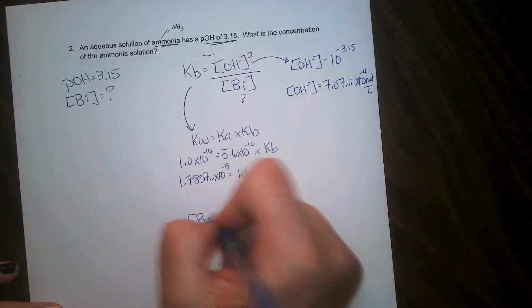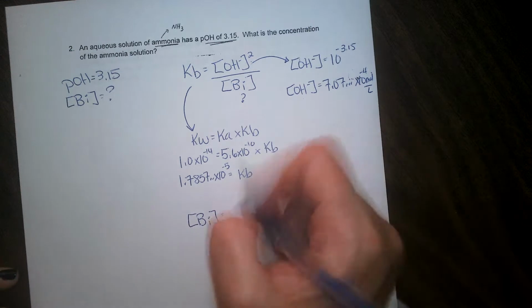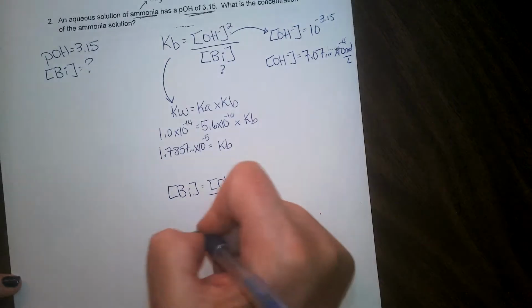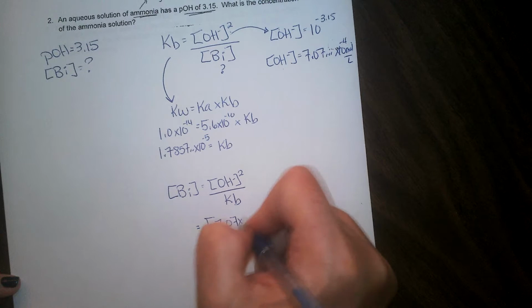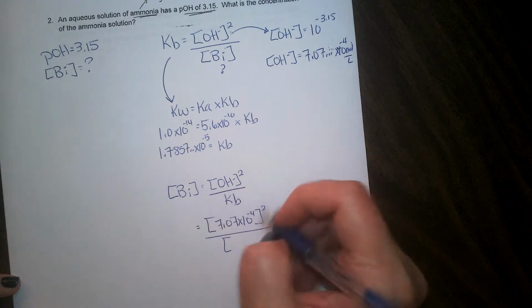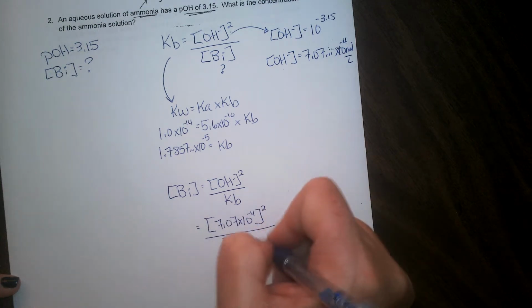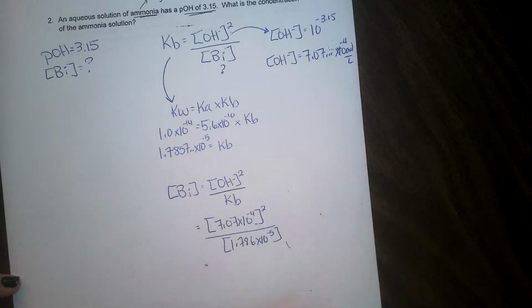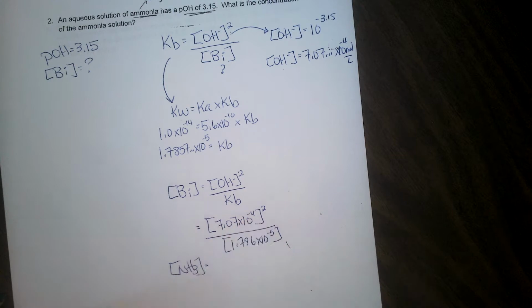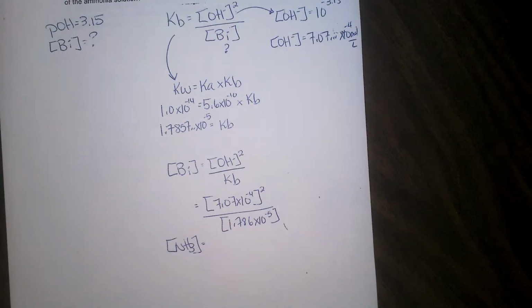So concentration of my base initial, which is of ammonia, is going to be equal to my OH negative squared divided by my Kb. What do you get for a value? 0.03806.